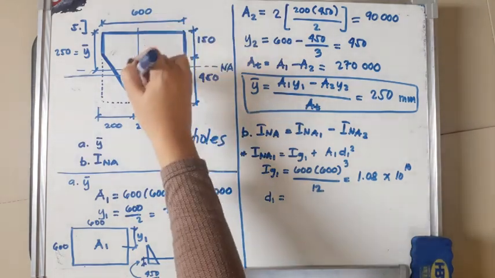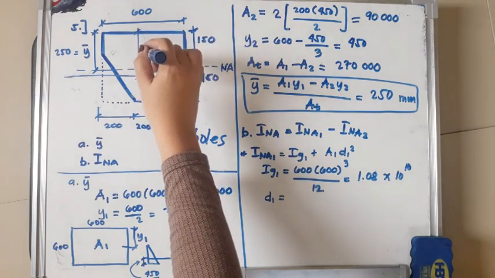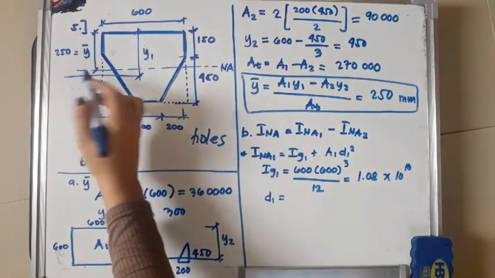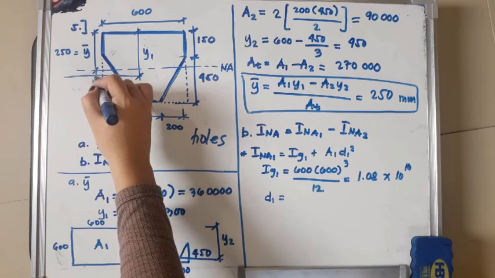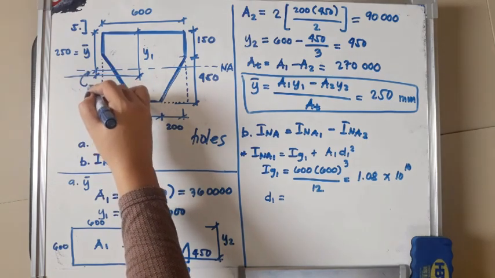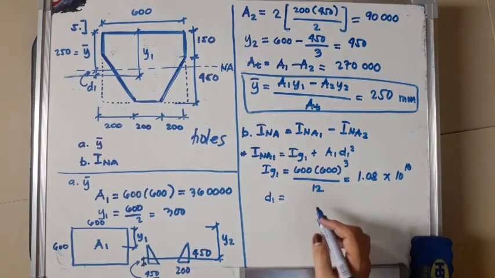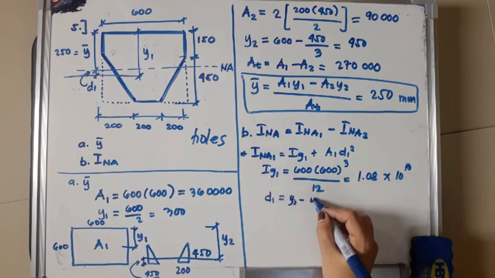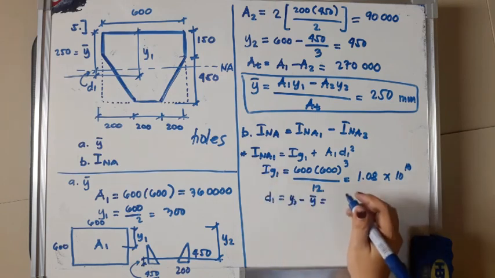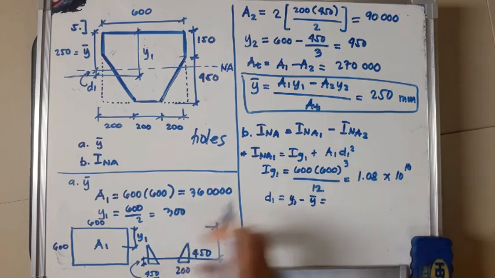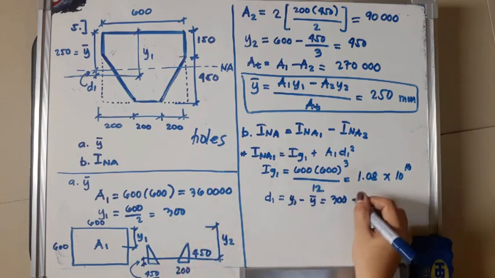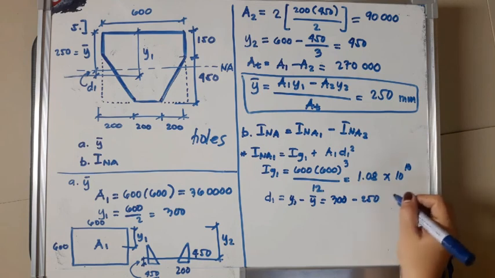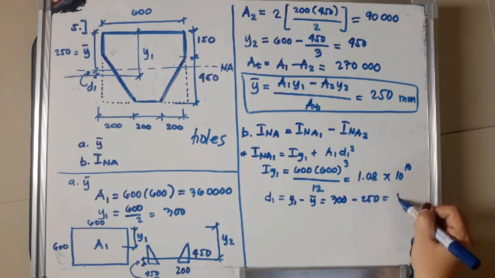This is Y1. Therefore, this distance here is D1. So D1 is Y1 minus bar Y, or 300 minus 250. So D1 is 50 mm.